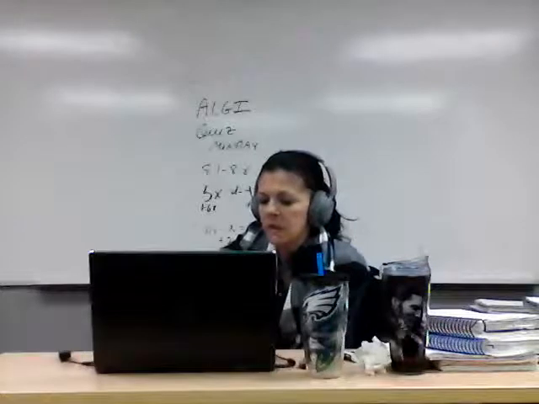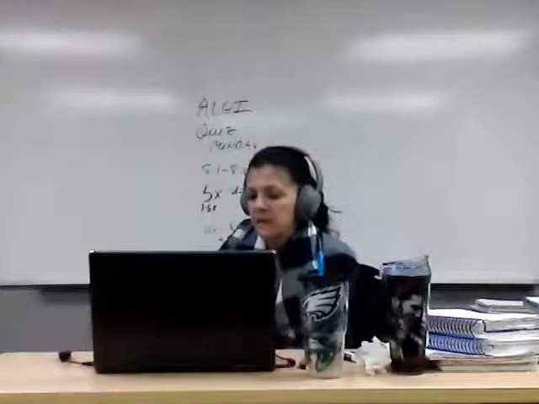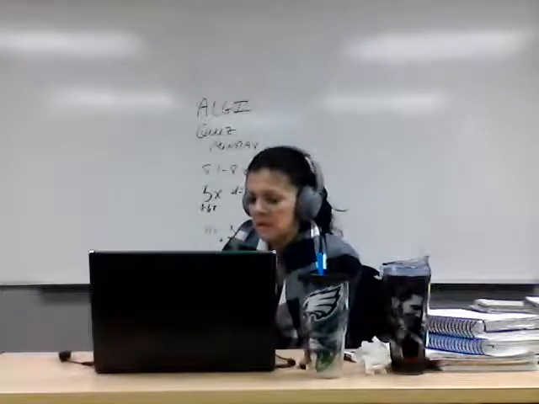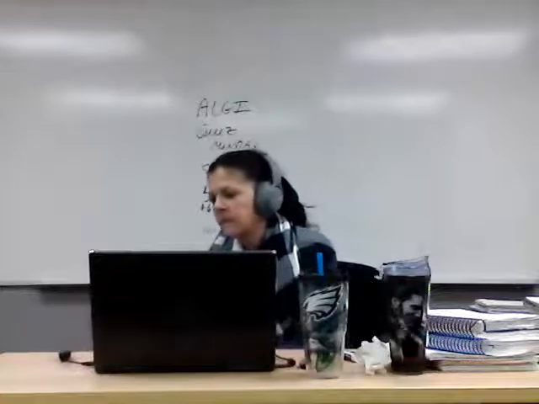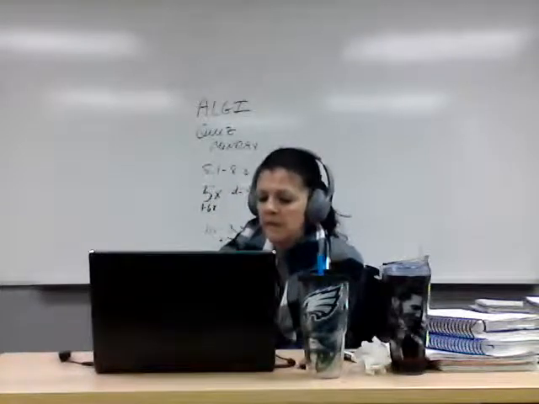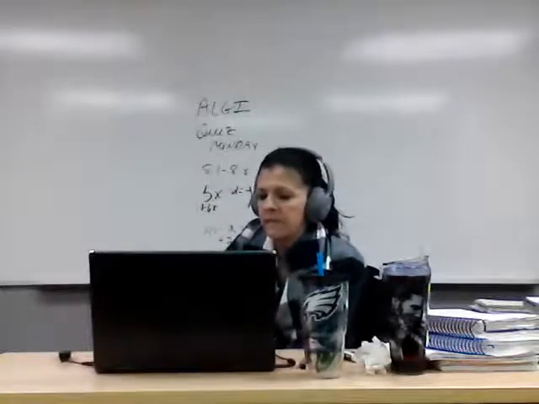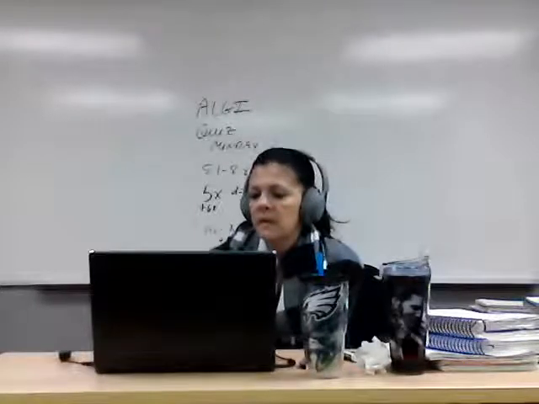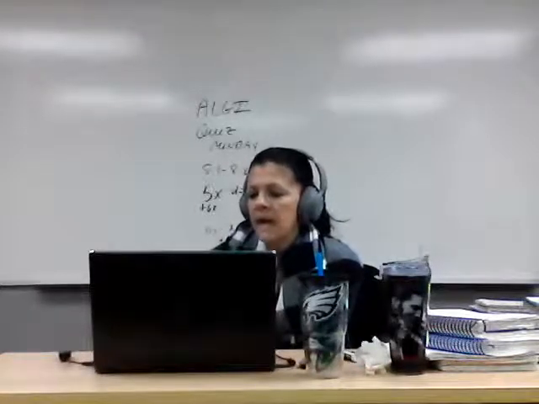And then you would just solve for x. Venetia, where are you? All right, can you give me the 2 values of x here? So x plus 3 equals 0, and x minus 1 equals 0. So solve for x.